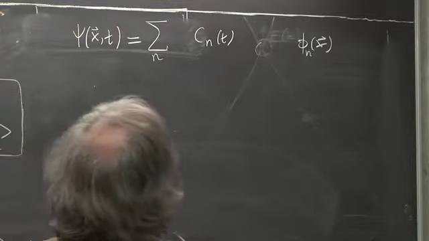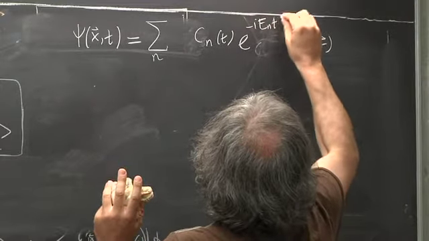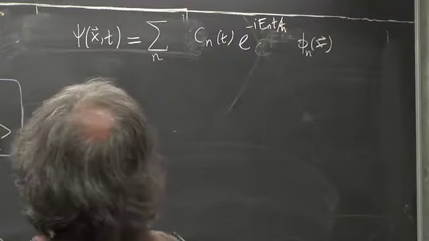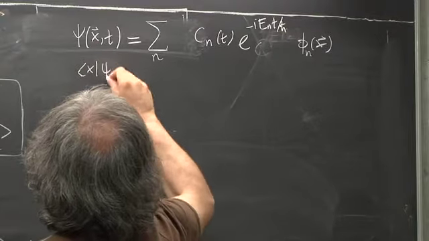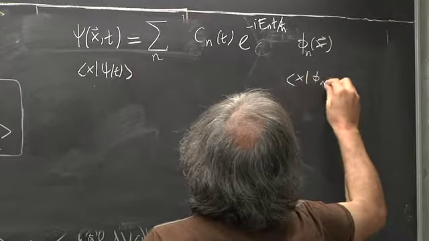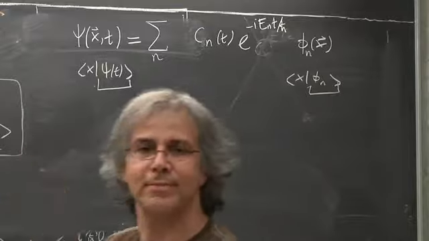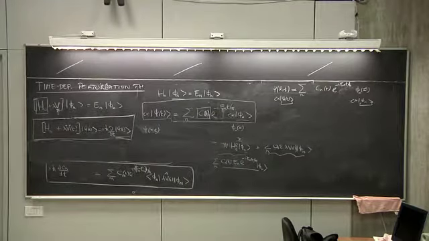The only thing that I put more there is that I like to put an extra phase, because this is useful. It cancels a piece. And the other thing I did is that I didn't write this as x psi of t and x phi of n, but just kept this and that. So that's the full derivation of that equality.